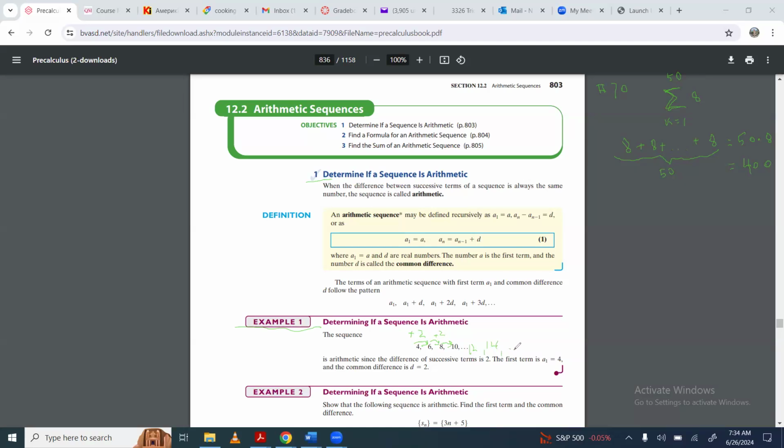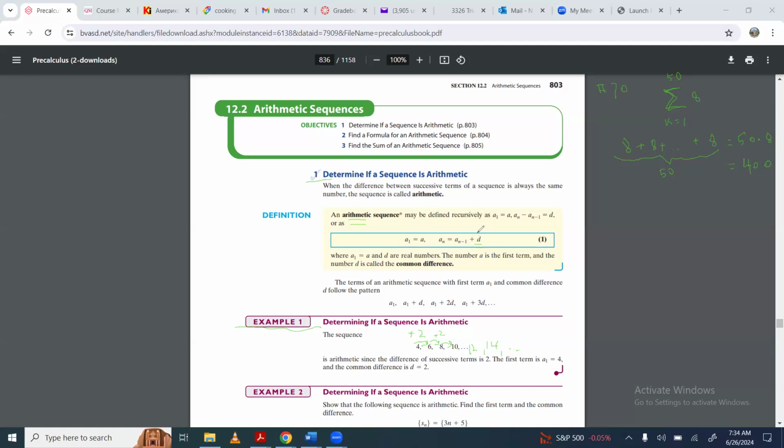So this is a special way to produce a sequence. And they call this an arithmetic sequence. So if you keep adding the same number or subtracting, that number is called the common difference. If you move by the same number from one term to another, it's called an arithmetic sequence.